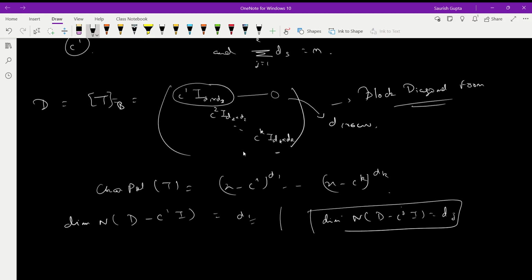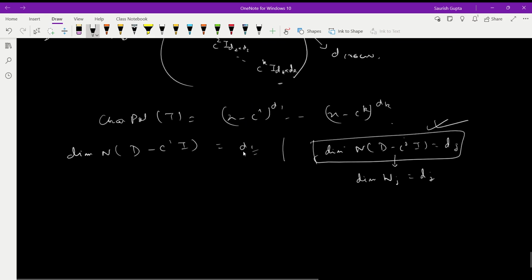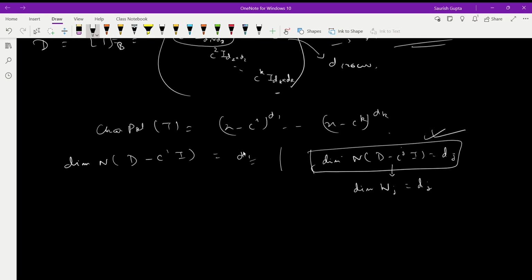So on a general basis, we can say that the dimension of the null space of D minus CjI is nothing but small dj. So that is what we actually wanted to say. Now, we know that the null space of D minus CjI is basically the eigenspace Wj.